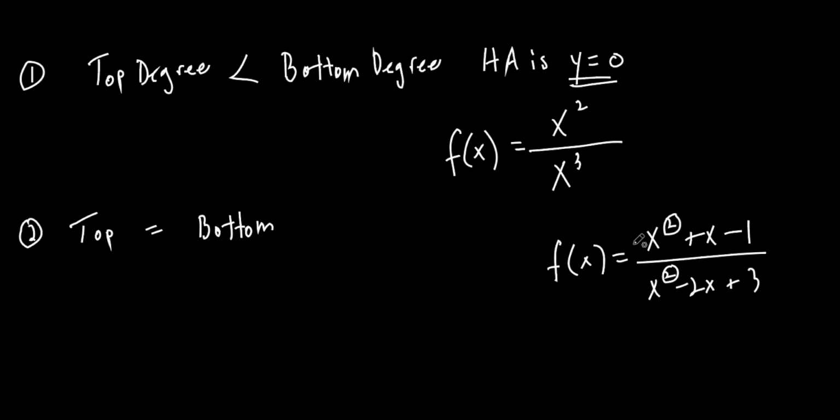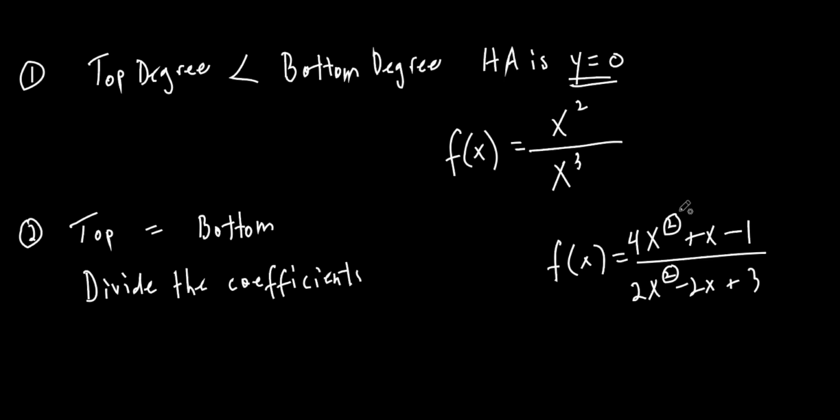Well, actually, let's do this. Let's say this is 4x squared, and that's 2x squared. So how do I find what the horizontal asymptote is with this? Do you remember? You should have this in your notes. You divide the coefficients.